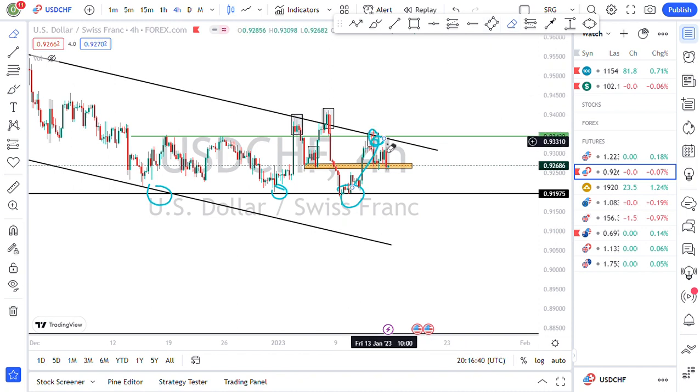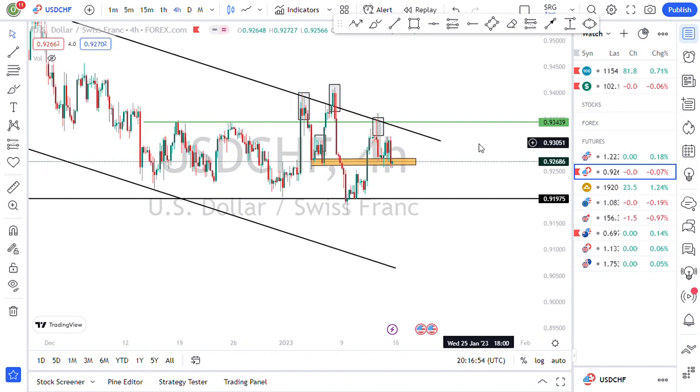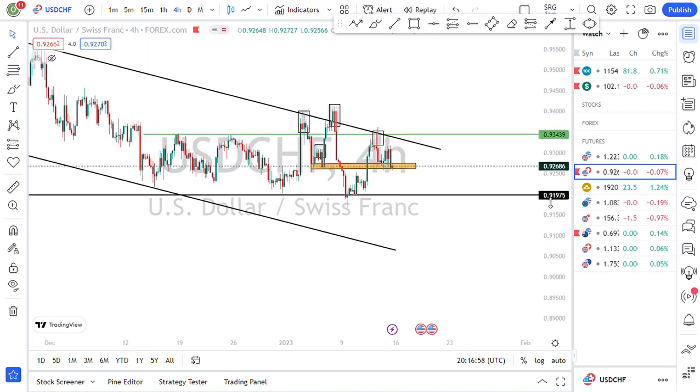But what we know is that this black line is also a support level which has been respected a couple of times. So now price is basically here, and we know that price is in a downtrend, and we have to be looking for sells on USD CHF.